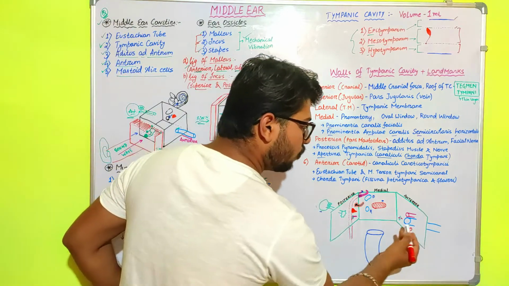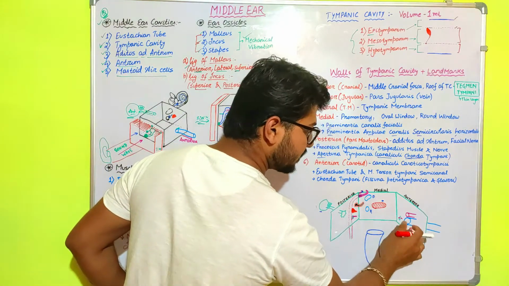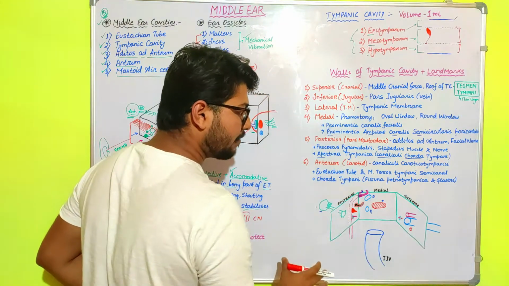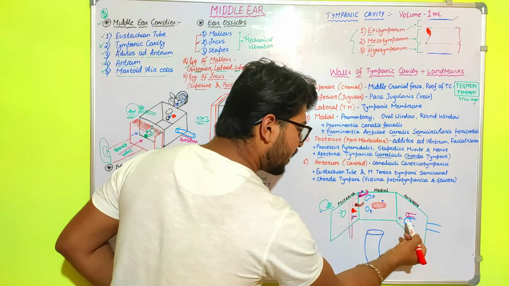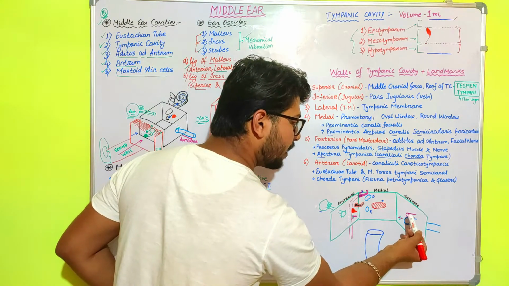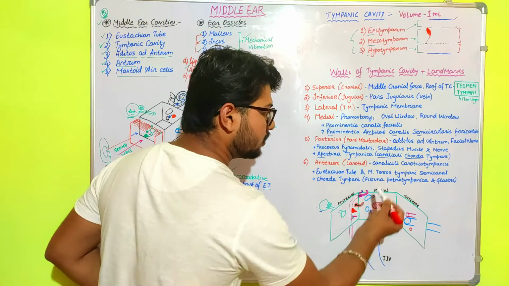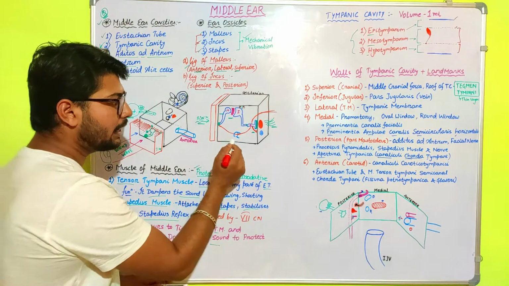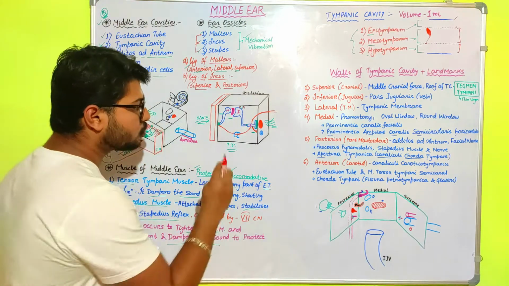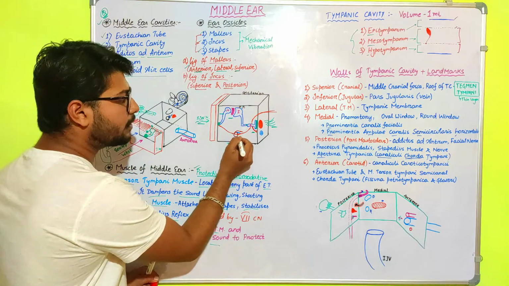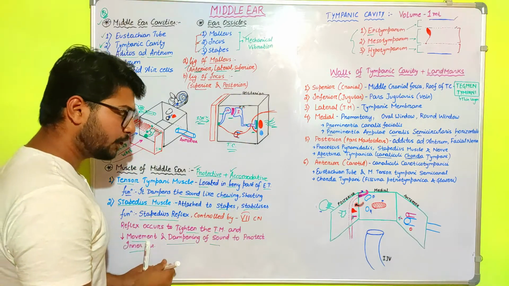The eustachian tube is present mostly on the anterior surface of the tympanic cavity, and on the superior part of the eustachian tube we have the semicanal for the tensor tympani. The tensor tympani muscle, which tenses the tympanic membrane, lies a little superior to the eustachian tube.